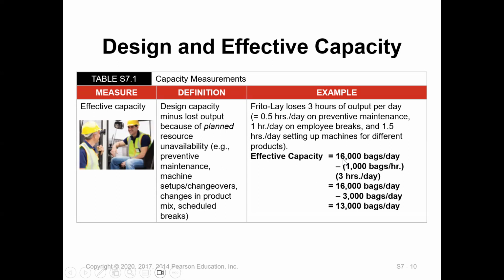So they're supposed to make 16,000, but they make 13,000. They lost 3,000 bags, which means they lost money, because they have machines, facility, and employees to pay when they don't produce anything.